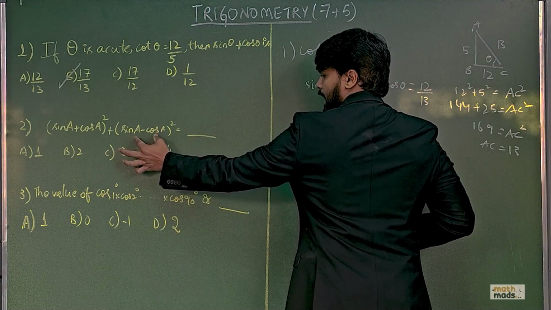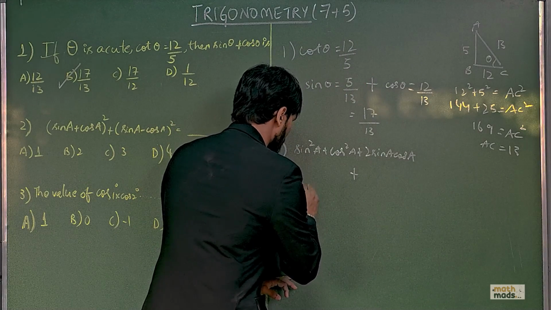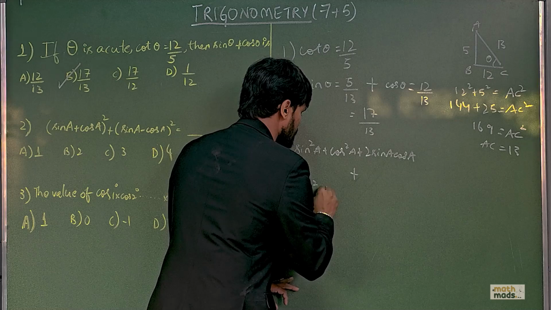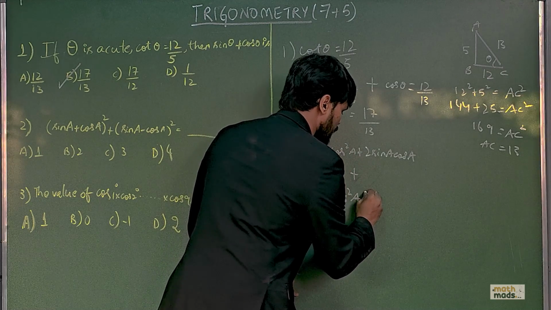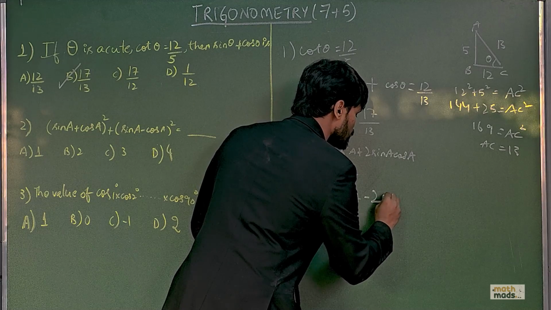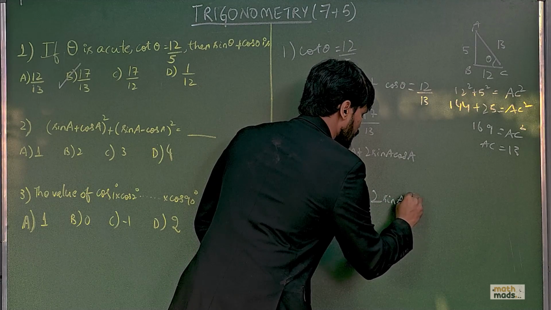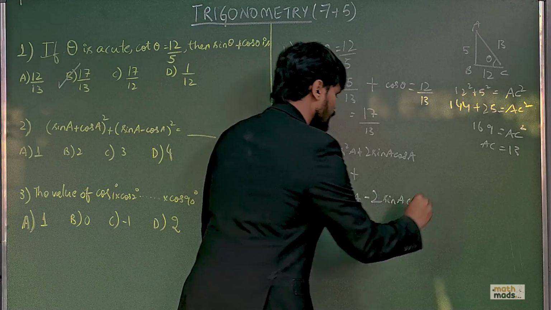What is the next thing? Sin A minus cos A whole square. So A minus B whole square: sin square A plus cos square A. The only change with respect to the first one is here you will get minus 2 sin A cos A.